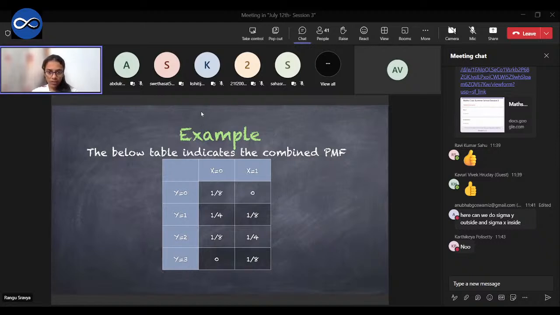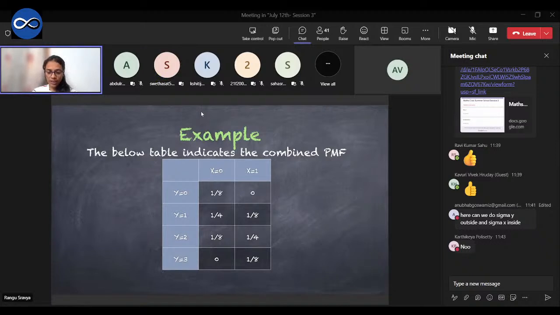Let's look at some entries. I will explain a few of them. If X equals 0 and Y equals 0, X equal to 0 means the first toss is a tail, and Y equal to 0 means the number of heads is 0. So each toss must be a tail.